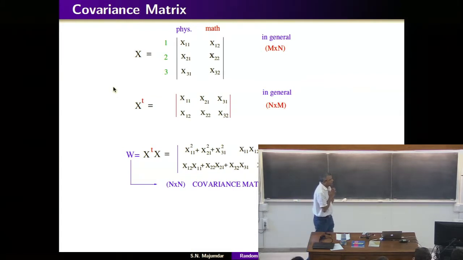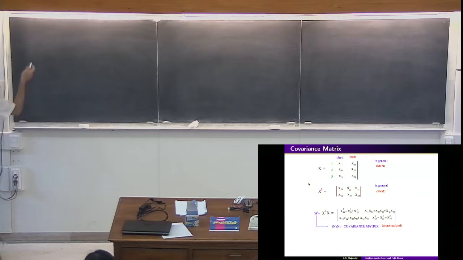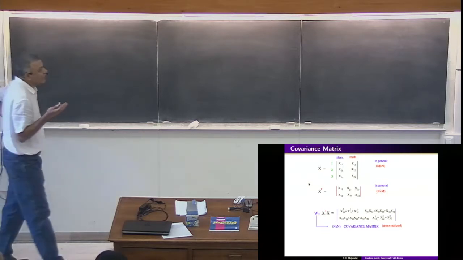Now, how to see that? Let's take a simple example. Imagine a situation where God has created a strange type of human beings such that there's perfect correlation between physics and maths. If somebody gets 1 in physics, they get 1 in maths.